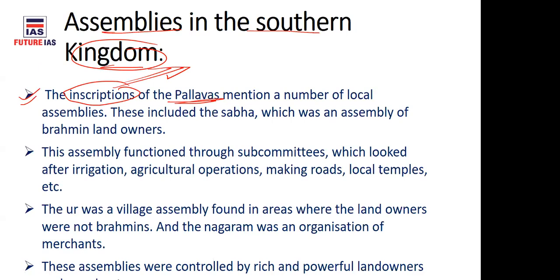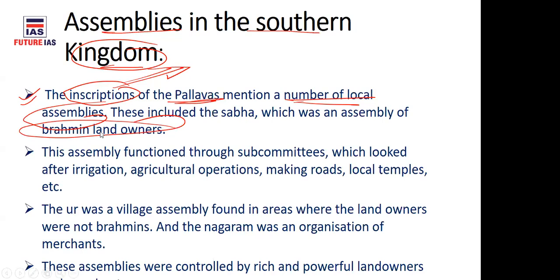These inscriptions of the Pallavas mention a number of local assemblies which used to be conducted at regular periods of time. And these local assemblies included the Sabha, which is an assembly of Brahmin landowners.